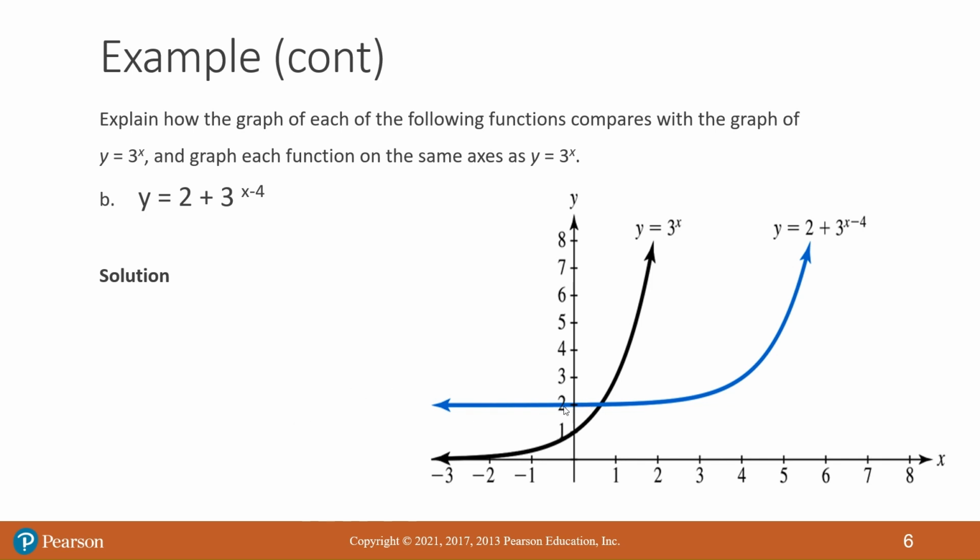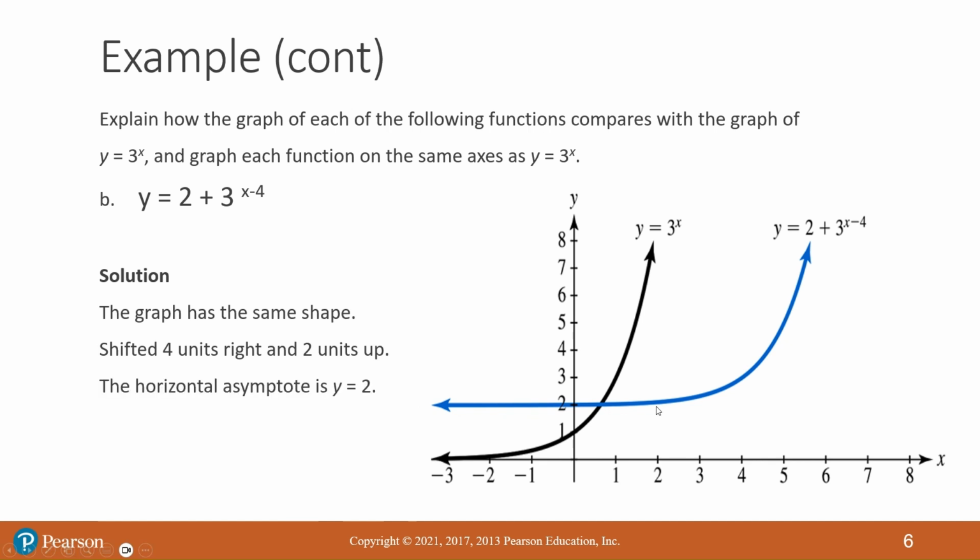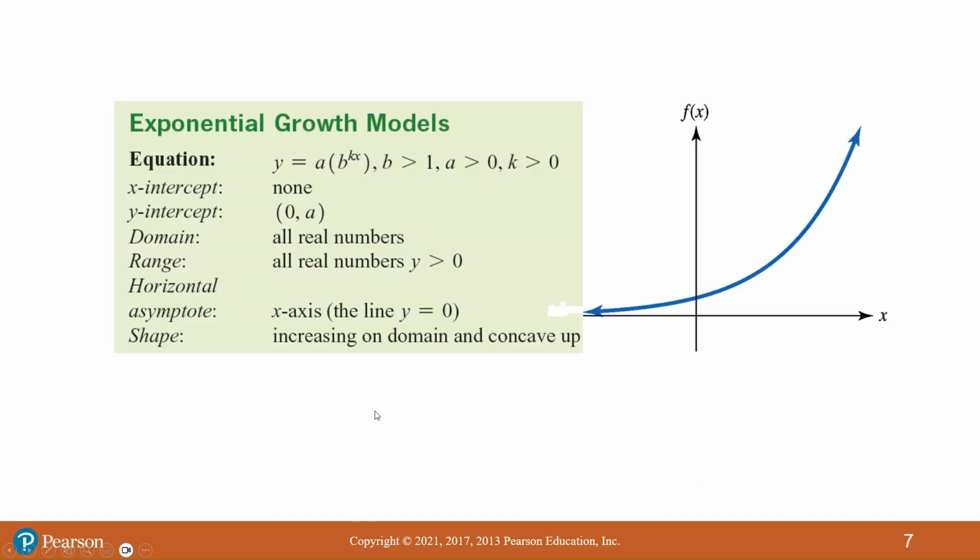We can tell by the previous part that this x minus 4 causes us to shift 4 units to the right. Now that addition of 2 on the outside is going to cause a shift of 2 units upwards. So overall, the graph has the same shape, but is shifted 4 units right and 2 units up. Also, that shifts the horizontal asymptote to y equals 2.